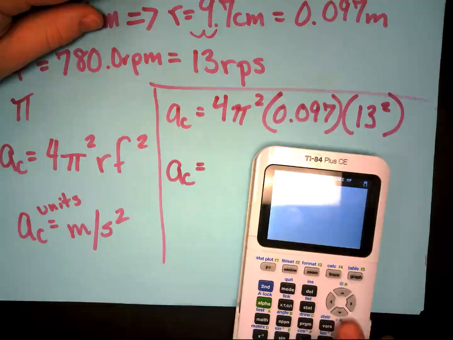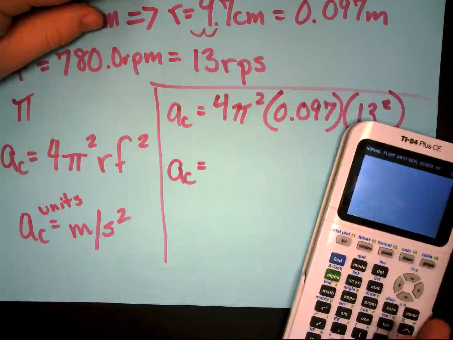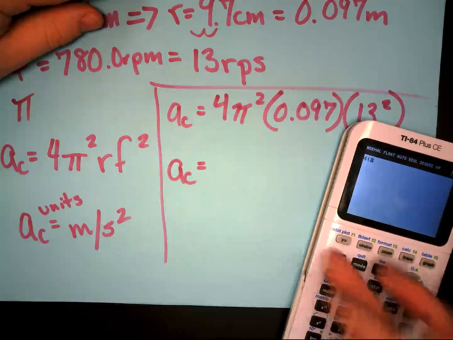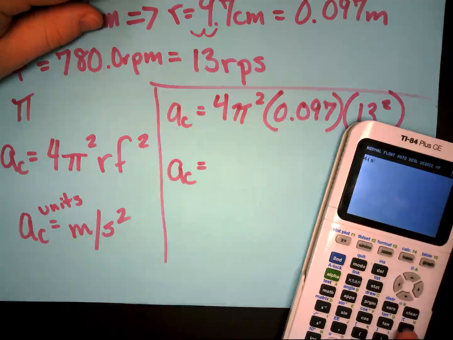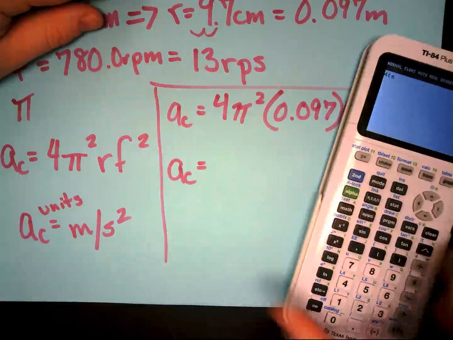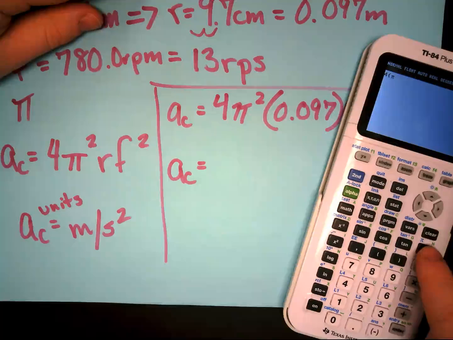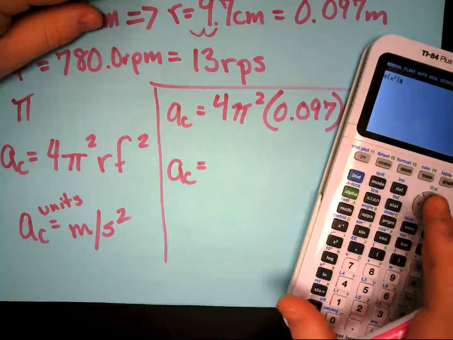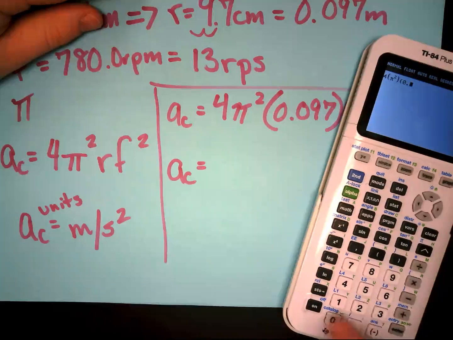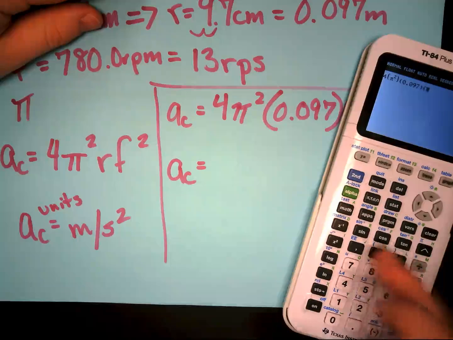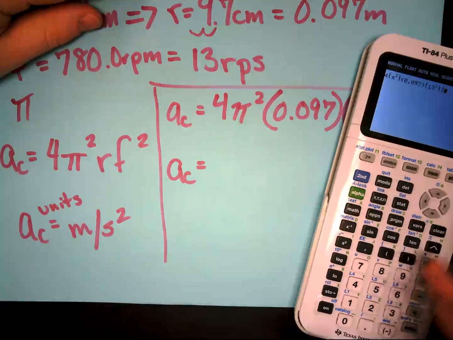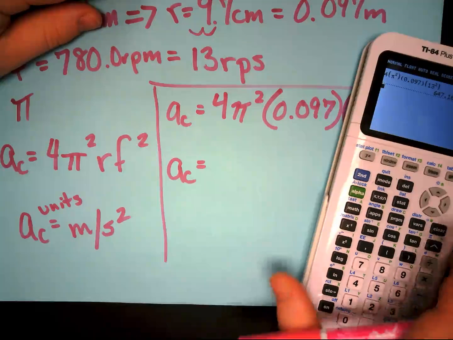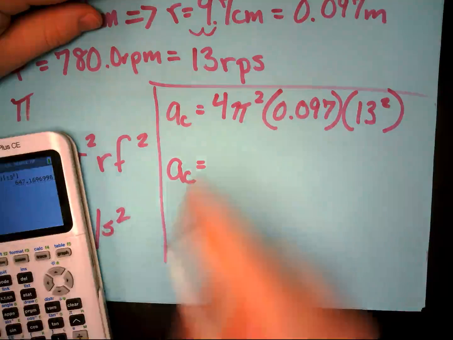We'll take it nice and easy on our calculator. So 4 times pi, which for me is right here. If you've never noticed where pi is, you should know, but just in case you forgot, times 0.097 times 13 squared. And all together now.